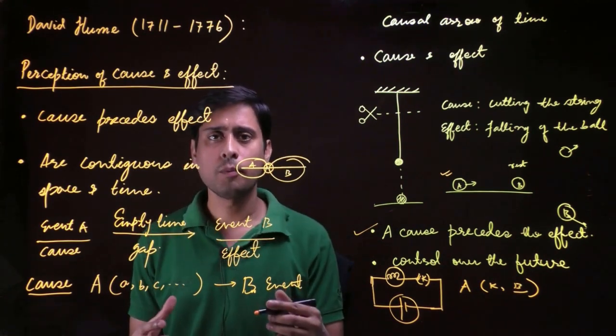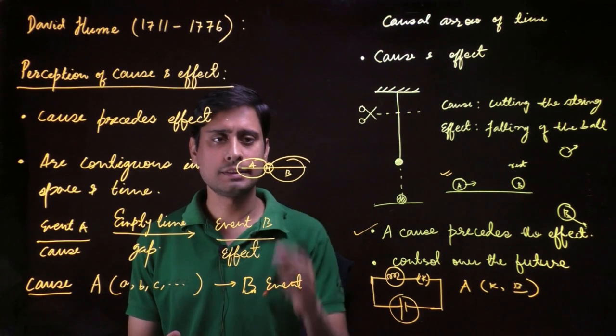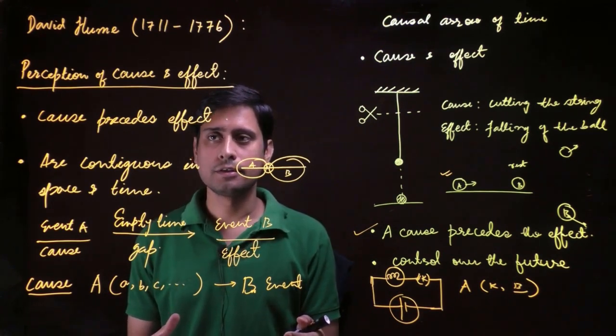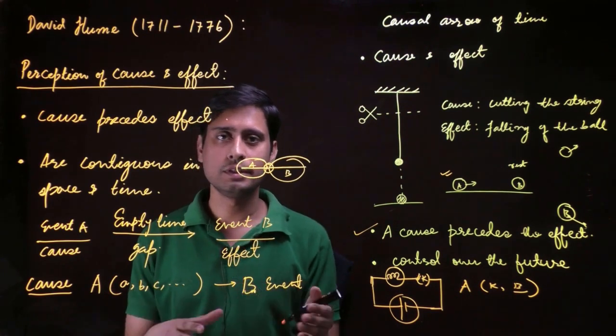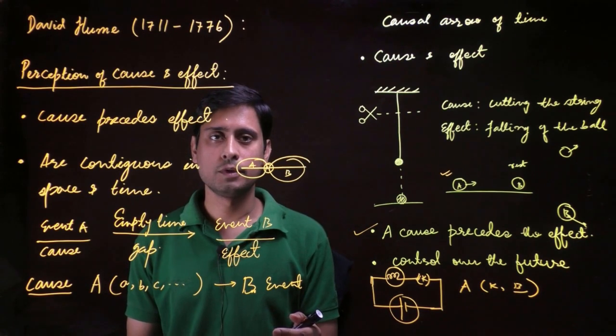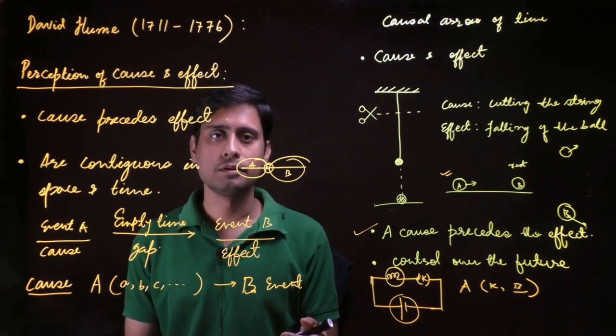And however momentary or brief this gap is, it must be there, otherwise the cause will not precede the effect. They would have to occur simultaneously, and the whole meaning of cause and effect will be destroyed.